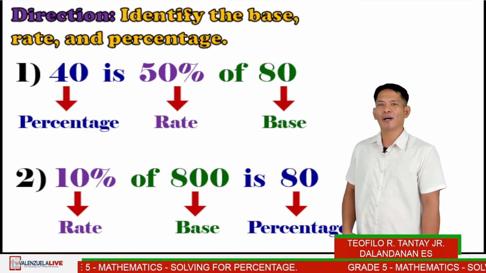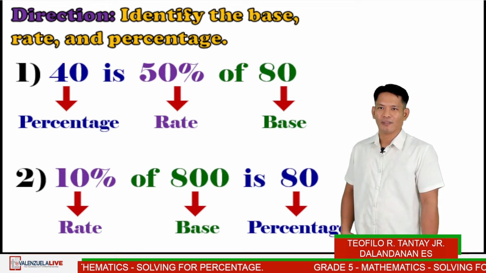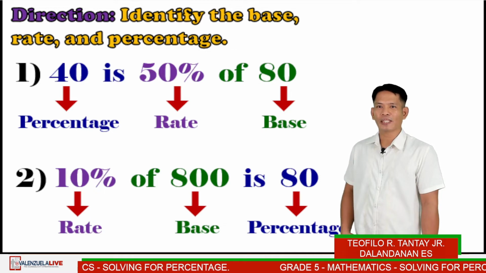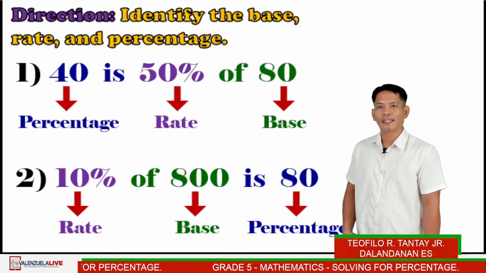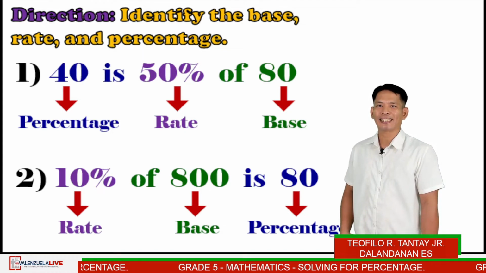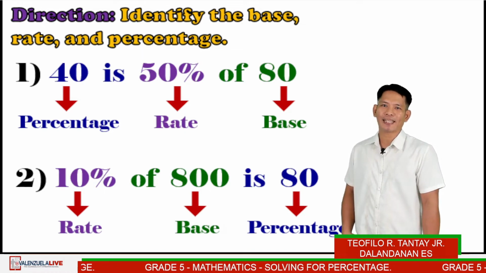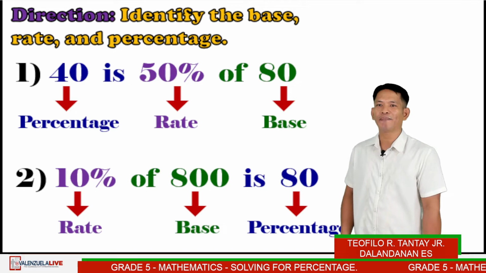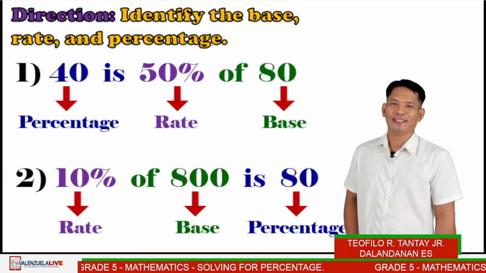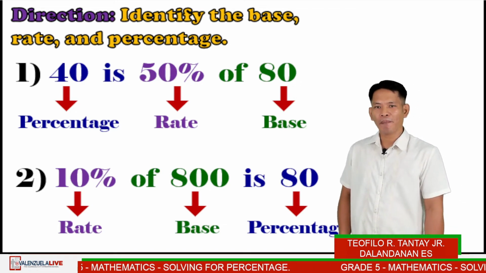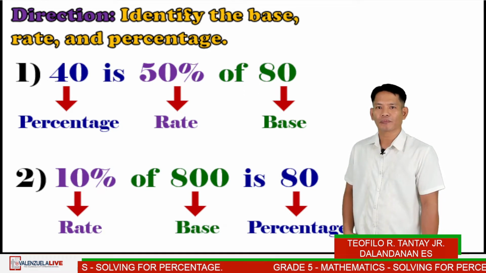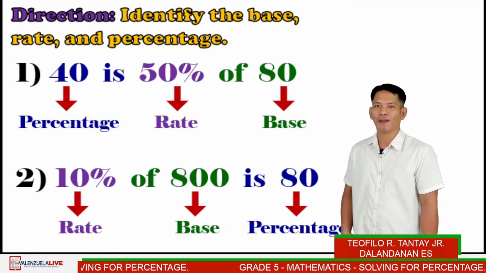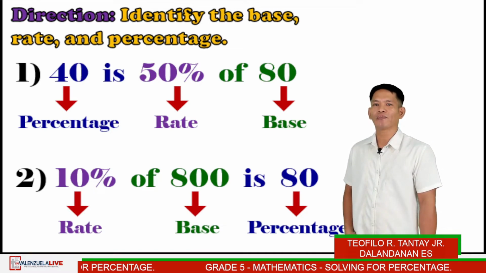What do you notice about the rate? From the given examples, the rate is written with a percent sign. In number 1, we have 50%, and in number 2, we have 10%. How about the base? The base is usually followed by the word of. It is a number followed by the word of.